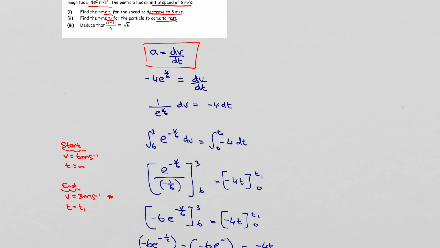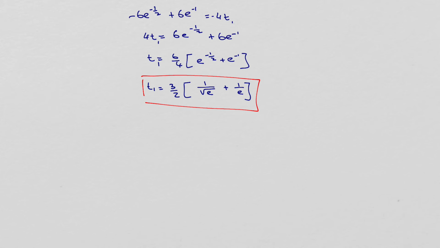So if I go back, I will be saying in part 2 that T2 is going to be equal to, after we've integrated, the only thing that's changing here is the upper limits, 0 and T2.